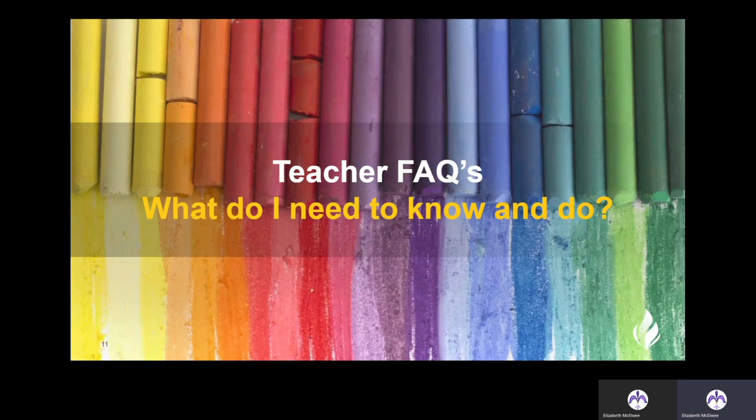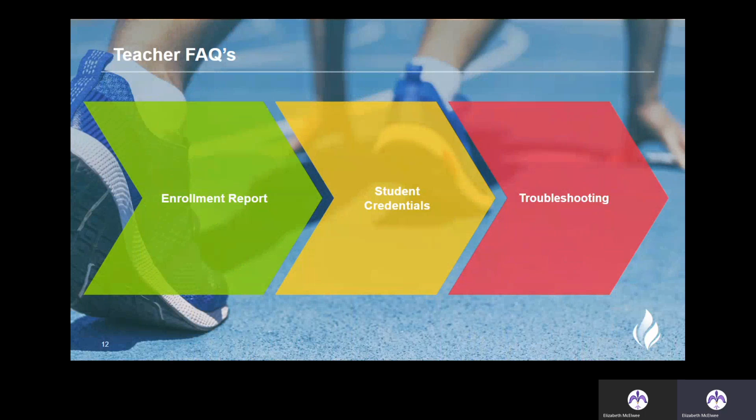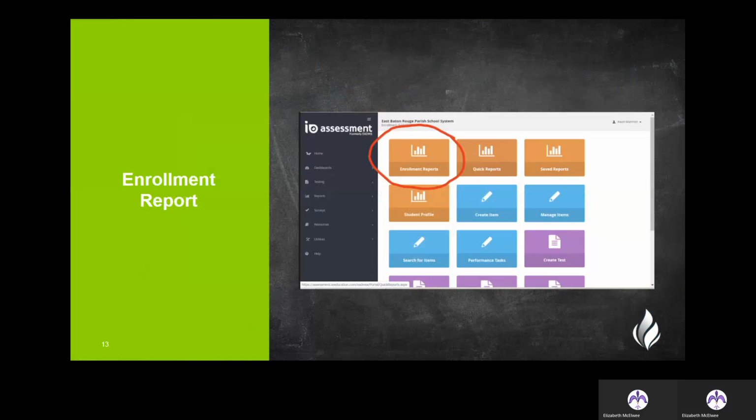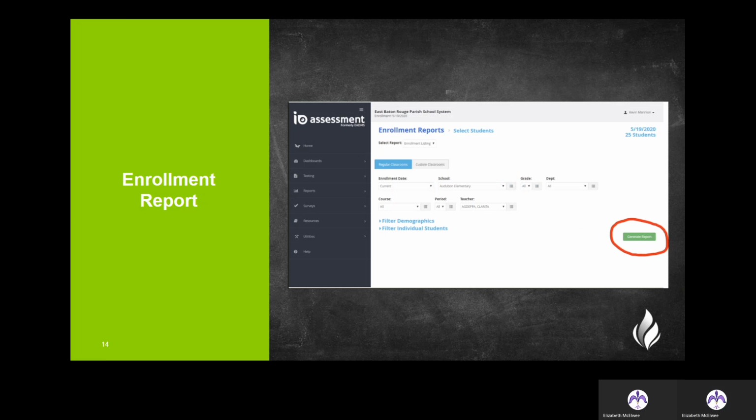What are some things you may be asking questions about? Some of the things you will need are the enrollment report, student credentials, and then we'll review a couple of troubleshooting questions. If you go to edoms.com, you will find this enrollment report tile. Click on it. It will bring you to this screen, which automatically generates your school, and it should have the information at the teacher level for you only, because you can only see your students.